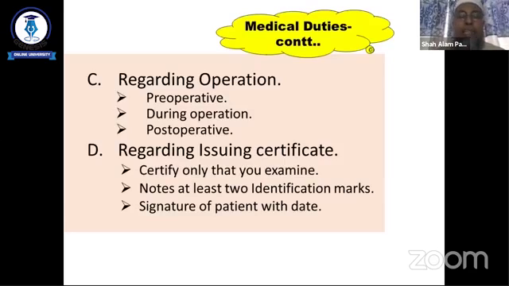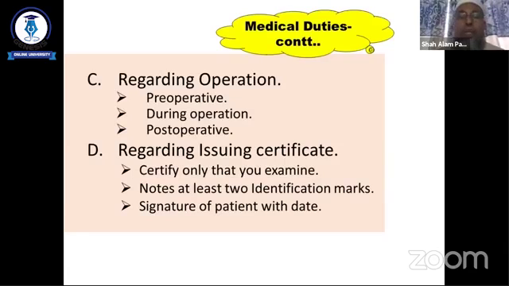During operation, the swabs and instruments should be counted and listed on the board, and you should also examine all the electric devices or equipment, whether they function normally or not.